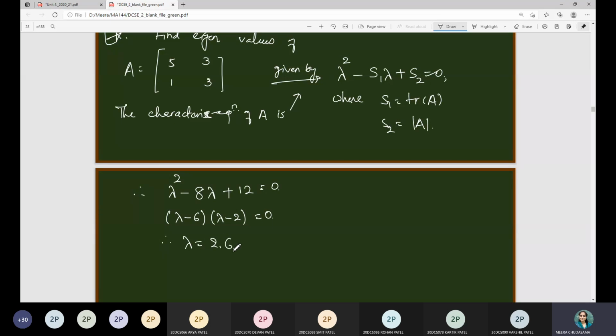Right? So whichever method is convenient to you, either by definition or by these S1, S2, S3 methods, you can apply it. But I think it will be more convenient whenever we have 2 cross 2 and 3 cross 3 matrices. Okay, now let us talk about the properties of these eigenvalues.